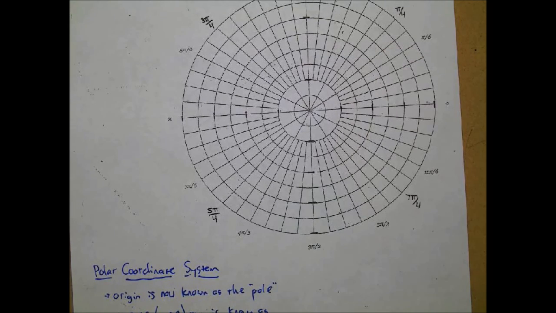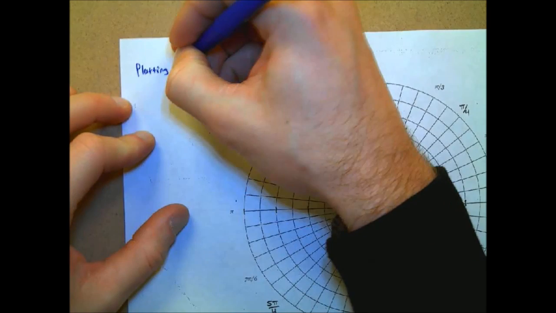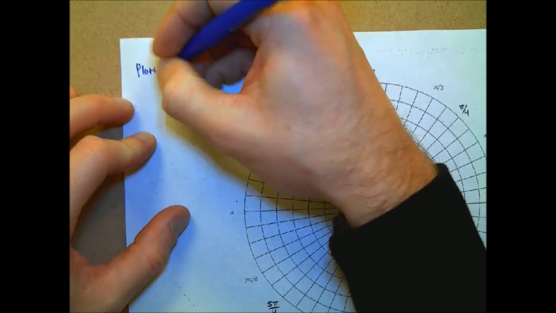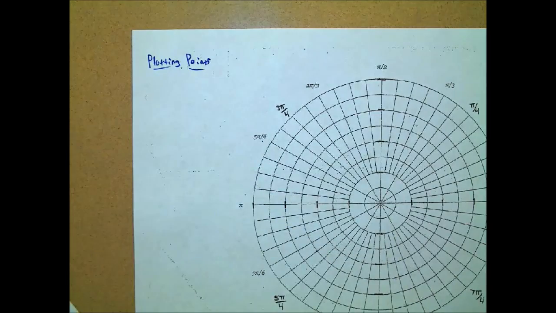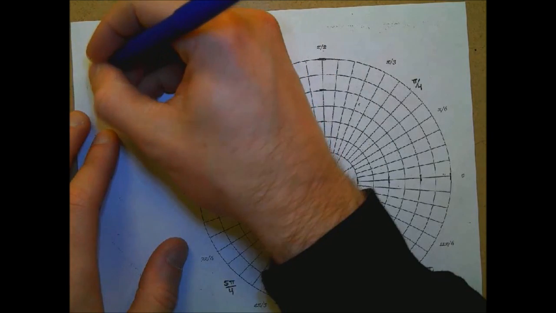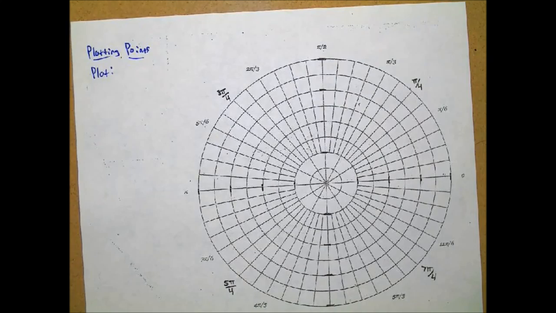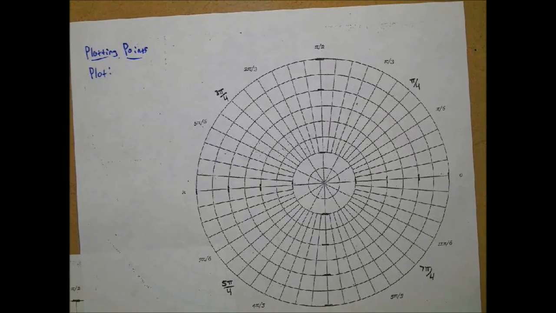Okay, so let's plot some points, just for some practice, because this is what you did way back when you first learned about rectangular coordinates. You start by just plotting some points, and some weird things are going to show up here. I'll highlight those when we see them.